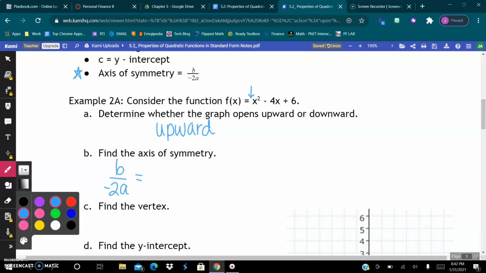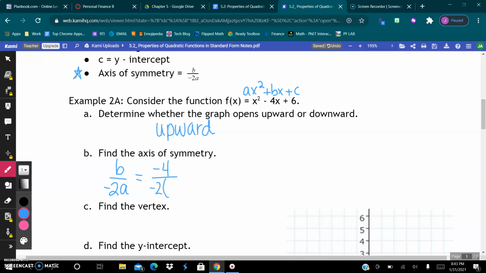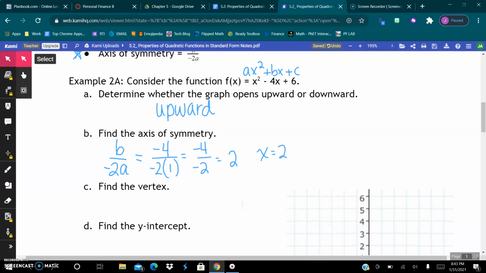Remember, ax squared plus bx plus c, so b would be negative 4 in this case, and a is a 1. There's no number out front, so it has to be a 1. Negative 4 divided by negative 2 is 2, so our axis of symmetry is x equals 2.